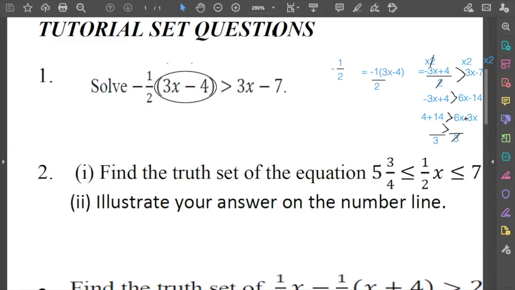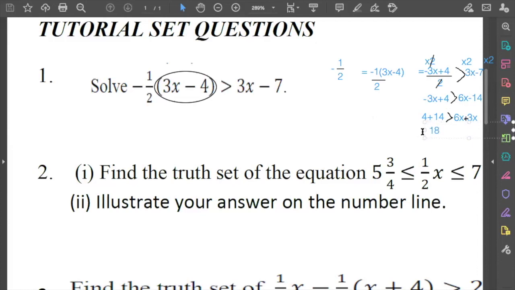So 9x. And then 4 plus 14. That one is still 4 plus 14. Good. So I hope this is right. I have corrected the negative. So I have 18.